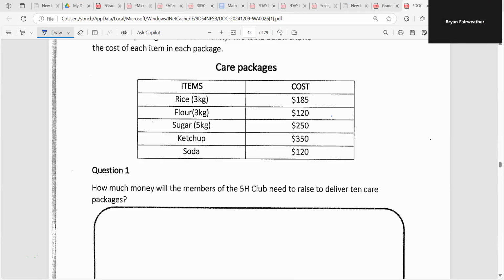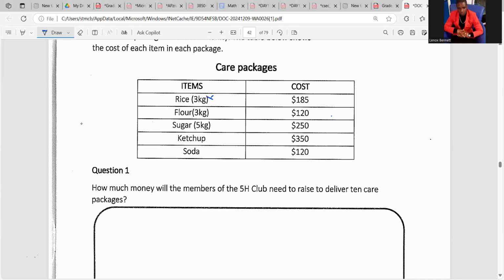Okay, sir. So at first, instead of going straight to the thing, I labeled what I had. So I labeled rice, and since 3 kilograms cost 185, I would have to multiply by 10 with the 3 because it says 10 times. So 10 multiplied by 3 equals 30 kilograms.